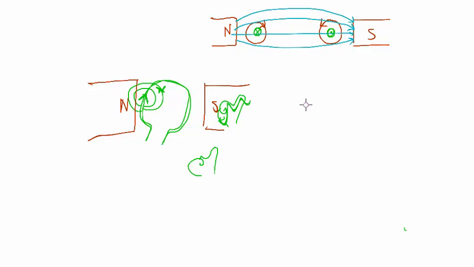Now remember, when the two arrows point towards each other, they will push each other away. When the two arrows are pointing in the same direction, they're attracting each other.